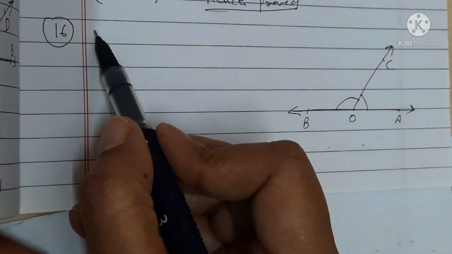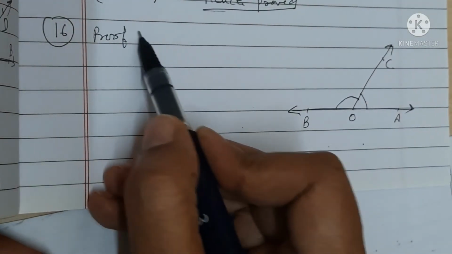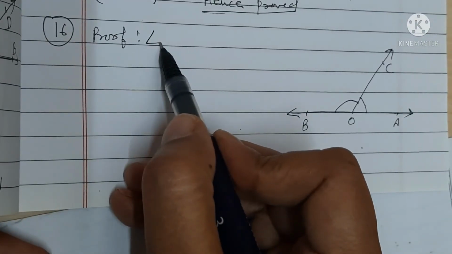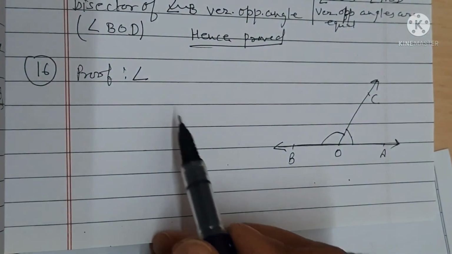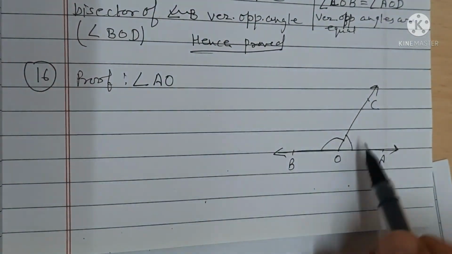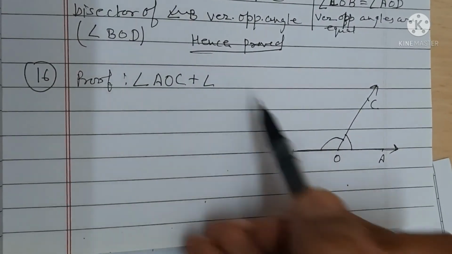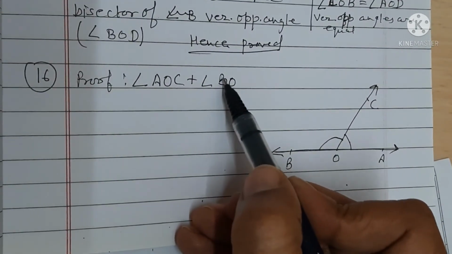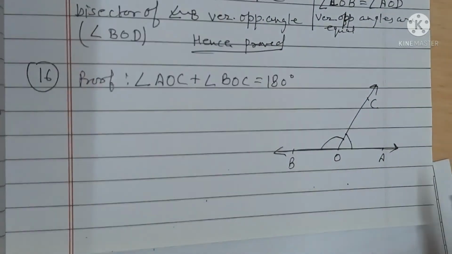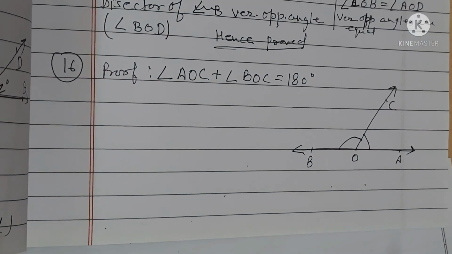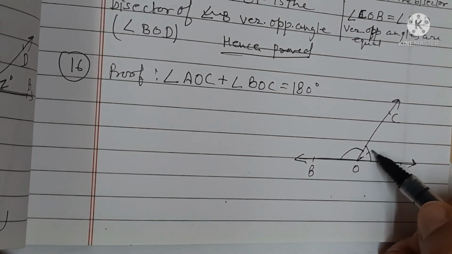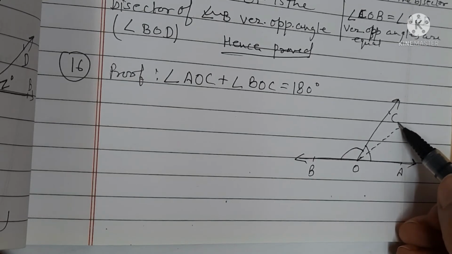So write here proof. The sum of the adjacent angles: angle AOC plus angle BOC is equal to 180 degrees. And draw the bisectors. Suppose this is the bisector of angle AOC.